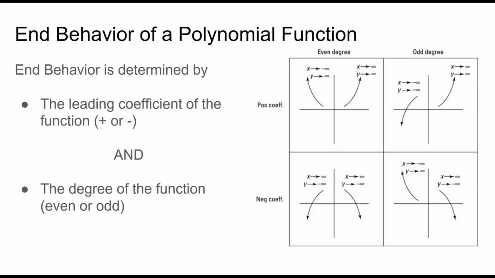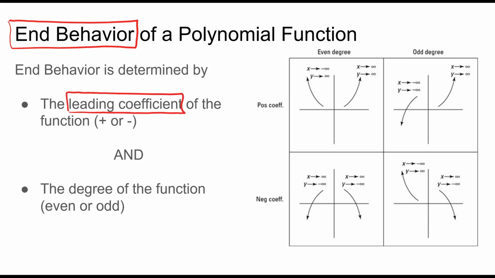Great. Now we're going to talk about end behavior of a polynomial function. End behavior is determined by two things: the leading coefficient, and whether it's positive or negative, as well as the degree of the function and whether it's even or odd. So take a look at this chart. If you have a positive leading coefficient and you have an even degree, then the ends of the graph are going to look something like this.